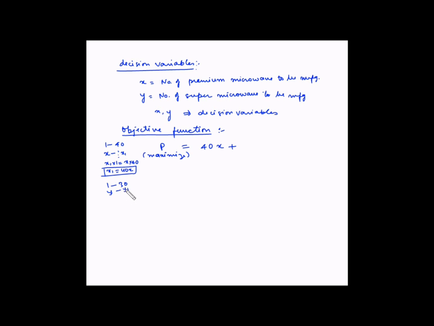So cross multiplying, 1 multiplied by Y1 is equal to 30 multiplied by Y. Y1 is equal to 30Y. So the profit is 30Y. So this becomes our objective function. P is equal to 40X plus 30Y, and we want to maximize profit.